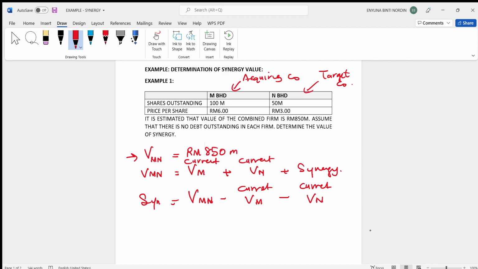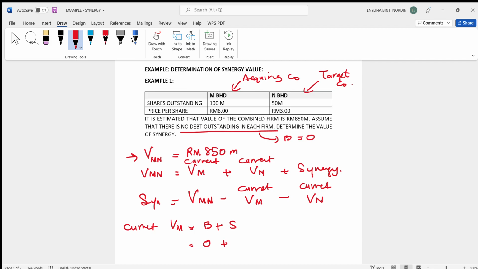The current value of M equals B plus S. This is what we did in the last chapter, capital structure. Since it is assumed that there are no debts outstanding in each firm, the two companies are relying on equity only. So there is no debt, so B equals 0. Straight away you put 0 and you add the value of equity.